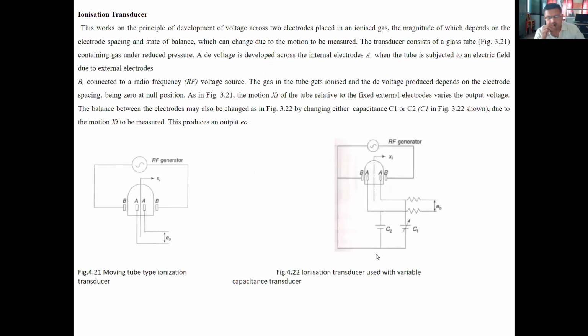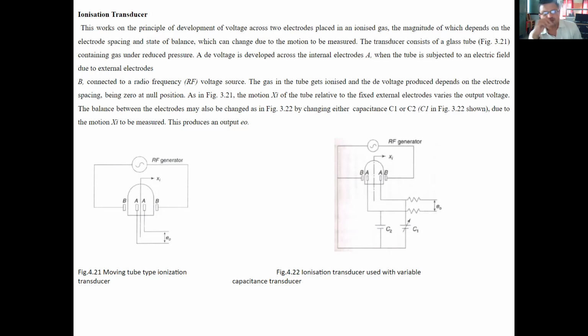Now next is the ionization transducer. This works on the principle of development of voltage across two electrodes placed in an ionized gas, the magnitude of which depends on the electrode spacing and state of balance, which can change due to the motion to be measured.